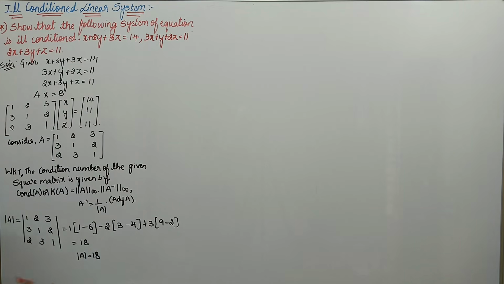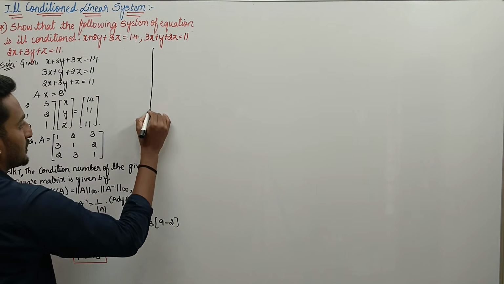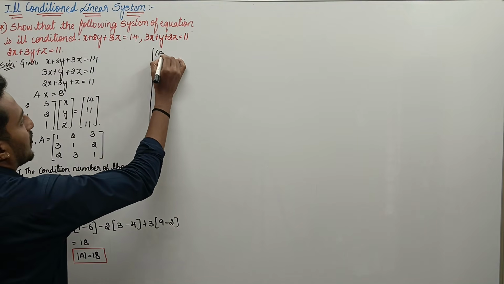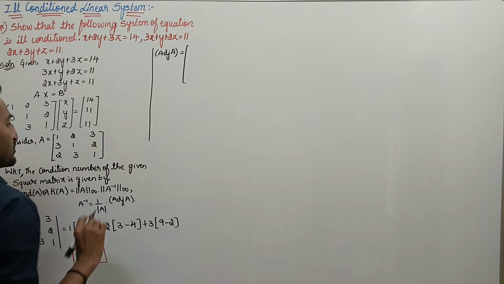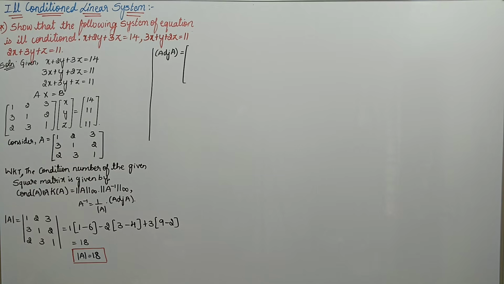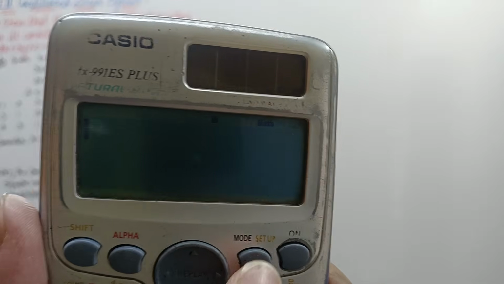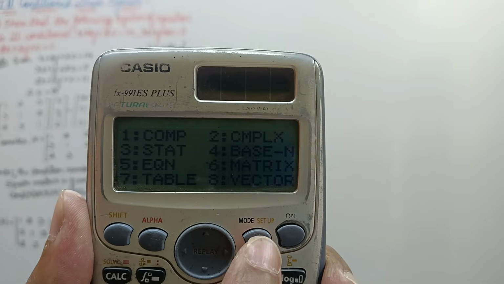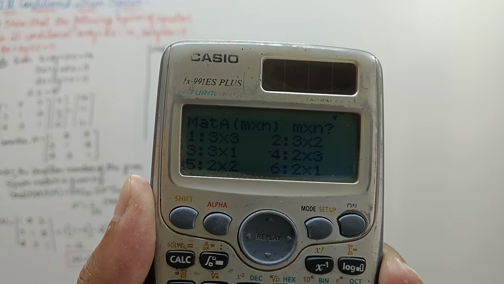After finding determinant of A, now we are supposed to find adjoint of A. Considering the matrix A, we are going to find the adjoint. How? Take your calculator, press mode setup, press 6, then press 1, Mat A, 3 cross 3.